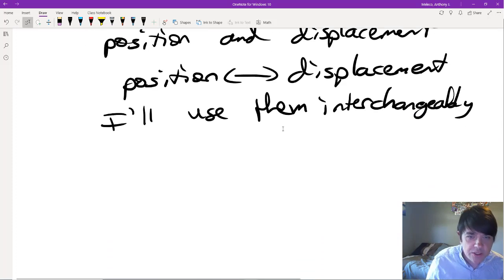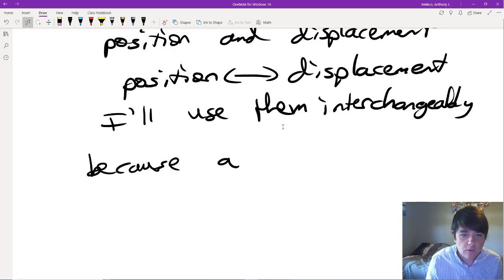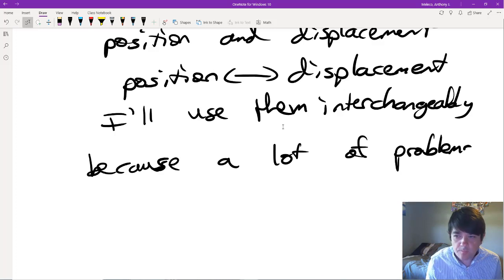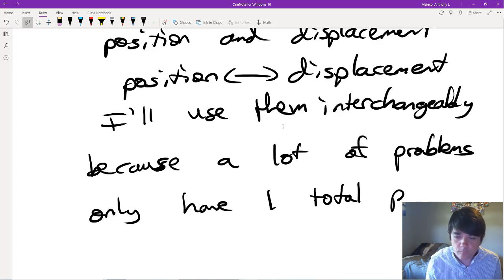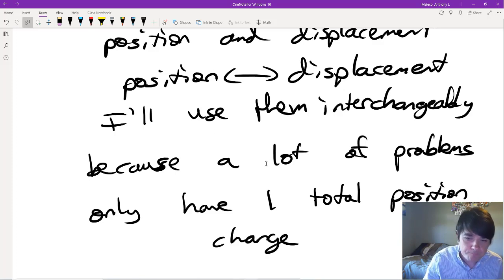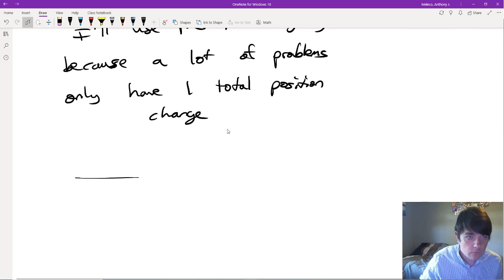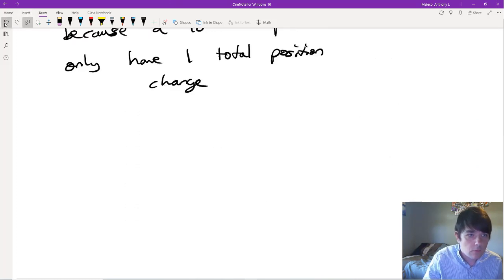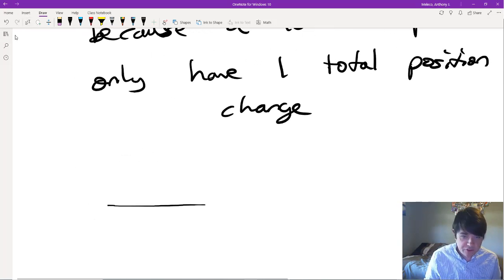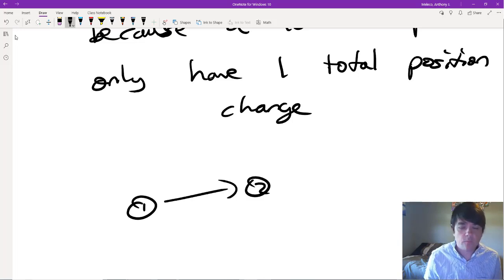I'll use them interchangeably, and the reason for that is because a lot of problems only have one total position change, okay? In other words, you're only going from 1 to 2 anyway.